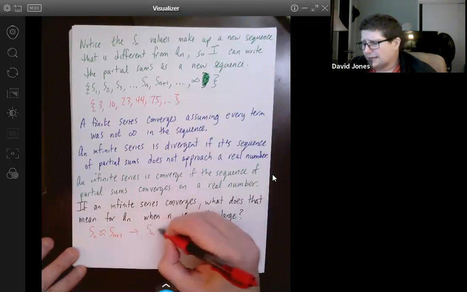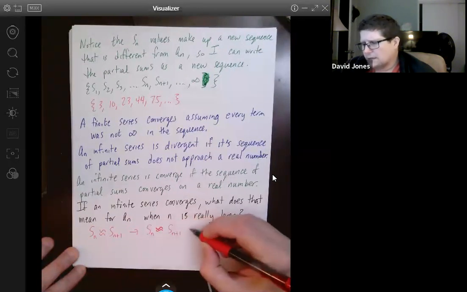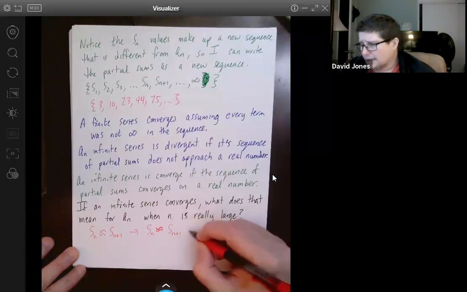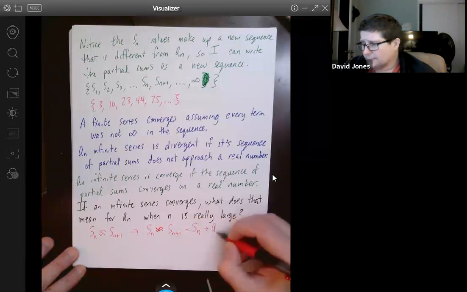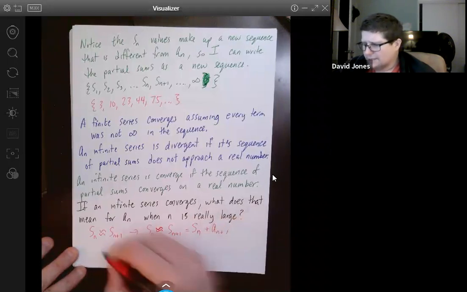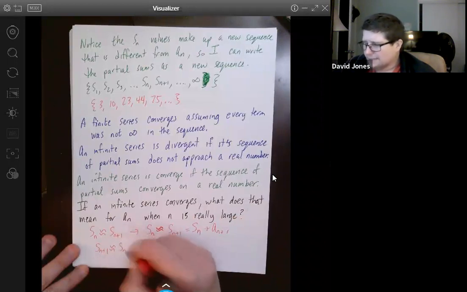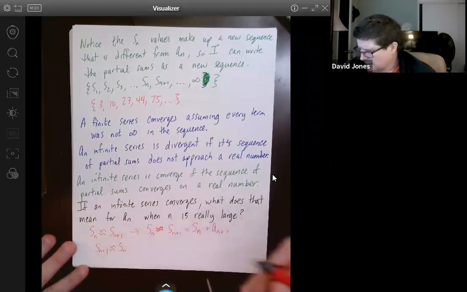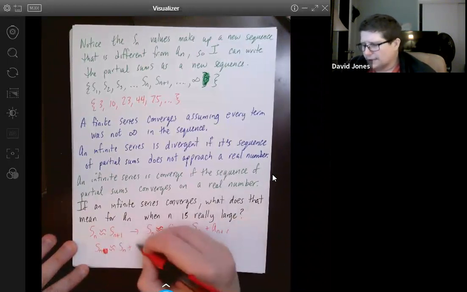But S sub n plus 1, recall, is just S sub n plus a sub n plus 1. So S sub n is approximately equal to S sub n plus a sub n plus 1.